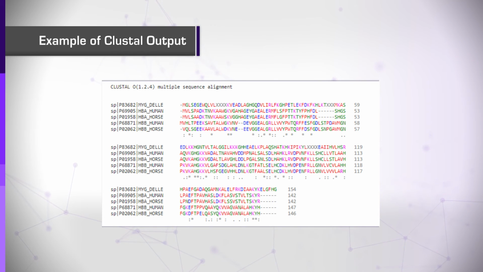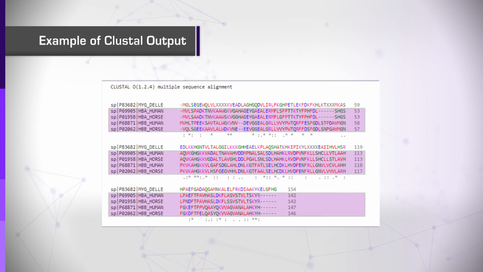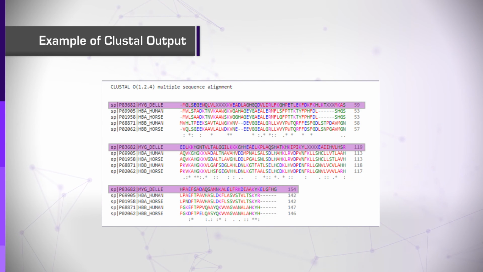Usually, different types of amino acids, such as hydrophobic, hydrophilic, and charged, are marked with distinct colors. So columns in which there is a dominant color are usually highly conserved. In this example, we can see that the 4 hemoglobin proteins are well aligned, while the myoglobin, though fitting into the framework, is an outlier.